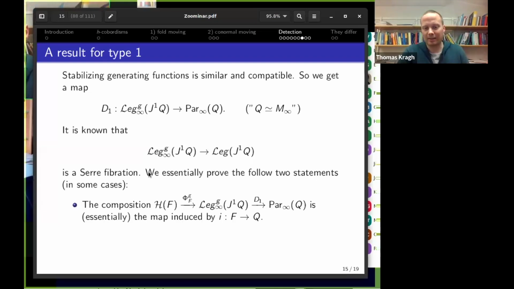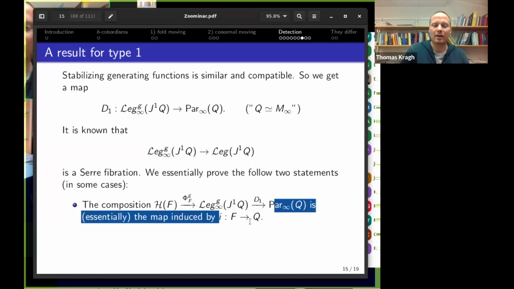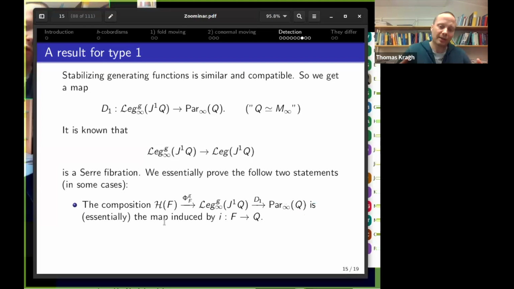So how we detect and how we prove that there's some non-triviality in this map is divided into two steps. First, we prove that when you take your moving the fold, put it into Legendrians, give them this generating function, and then you take what we call the detection map to the partition of Q, then this map is essentially the map induced by I that I said was highly connected, or an isomorphism in stable range, depending on dimension and connectivity of this map F into Q. I say essentially because it doesn't actually land in the h-cobordism part.